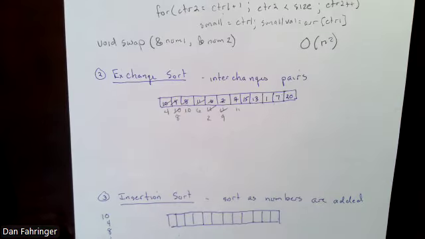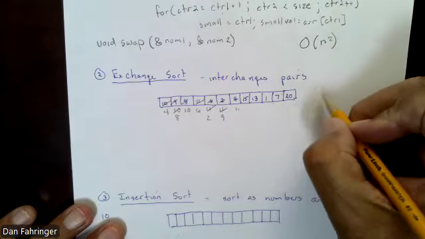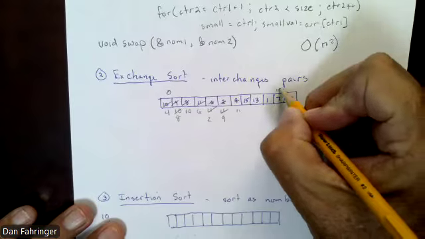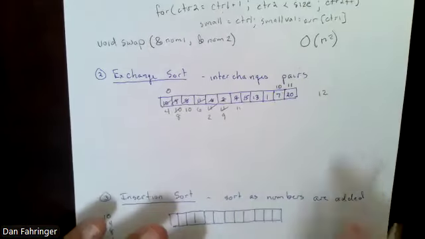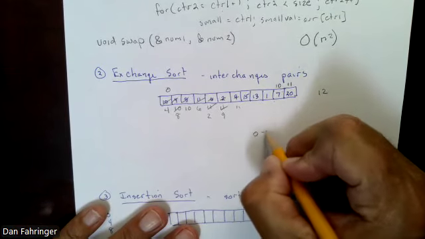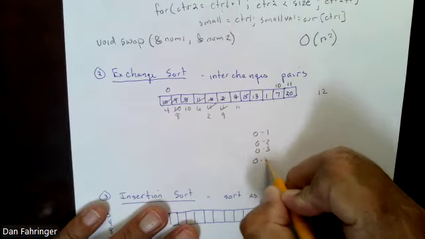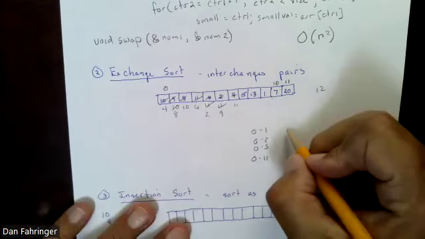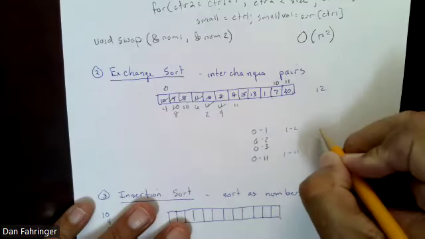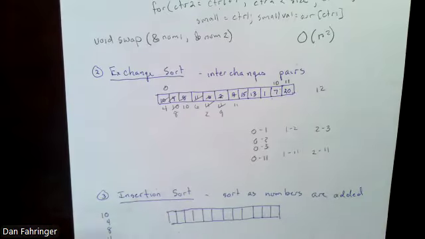I did a side by side. The Dan sort went from, in this case, there's 12 items. This is 0. This is 11. The Dan sort compared 0 to 1, 0 to 2, 0 to 3, all the way out to 11. And then it did 1 to 2, all the way out to 11. And then 2 to 3, all the way out to 11.